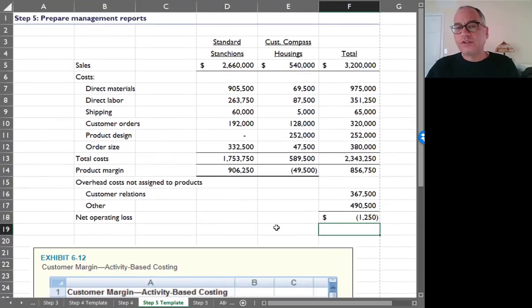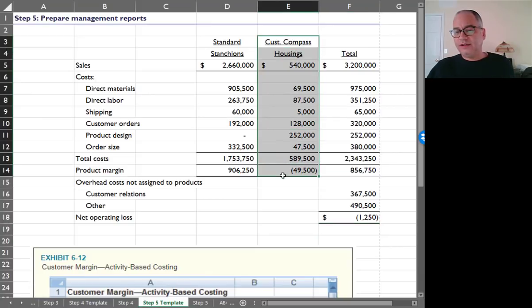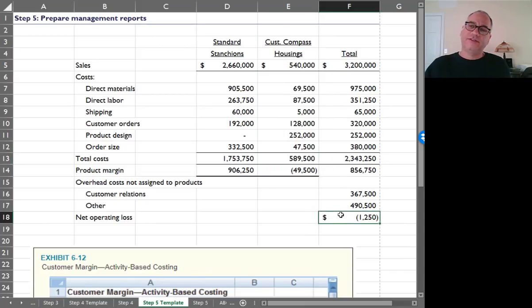And of course you want to interpret this. We're going to do more interpretation in a little while. We have a loss of $1,250, and you could say that if you eliminate custom compass housings, then that would eliminate the loss, right? We wouldn't have all these product designs, which are pretty expensive. We would have a lot fewer customer orders, which are also pretty expensive.